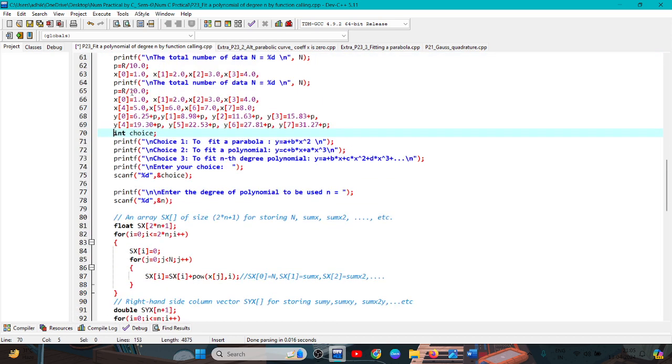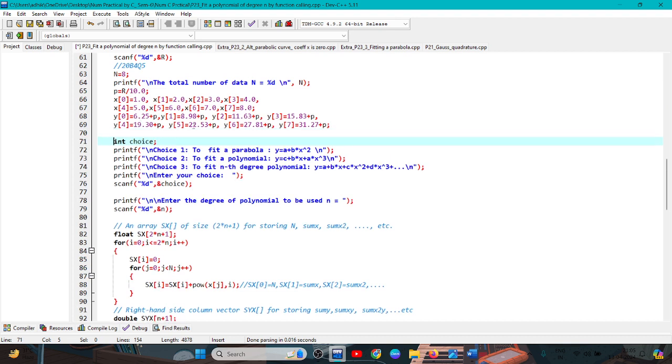Now here is the integer variable choice. Printf: choice 1 to fit parabola y equals a plus bx square. Choice 2 to fit polynomial y equals c plus bx plus ax cube, the cubic polynomial; note that here the coefficient of x square is absent, and in choice 1 the coefficient of x is absent.